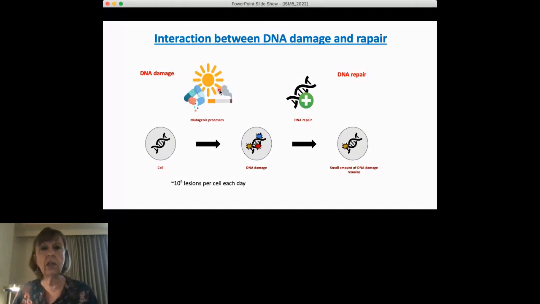This is not the case. Certainly, different DNA repair deficiencies can be superimposed with different DNA damage, and we can obtain a large number of signatures. And in fact, this is what we observe.